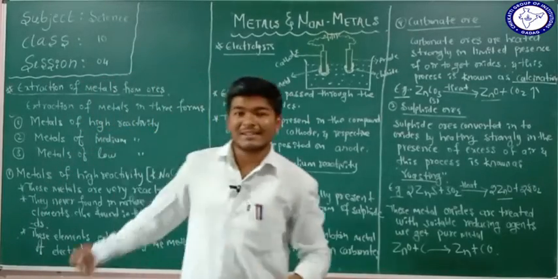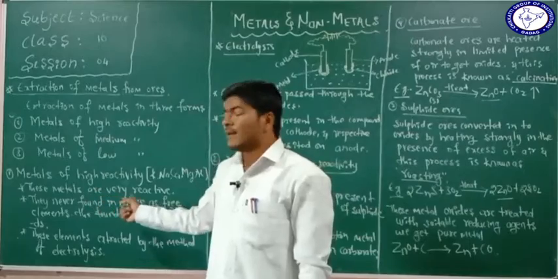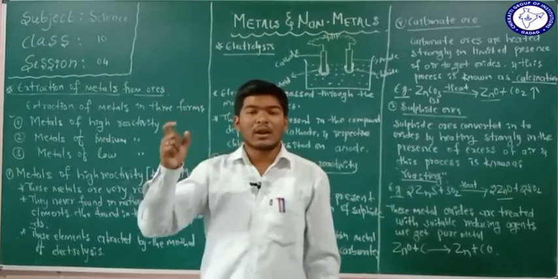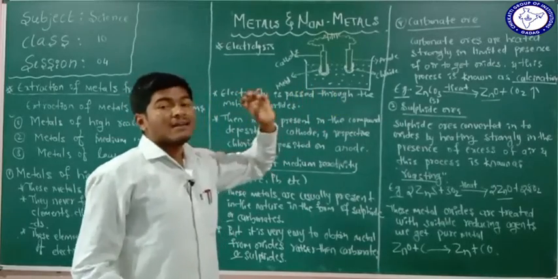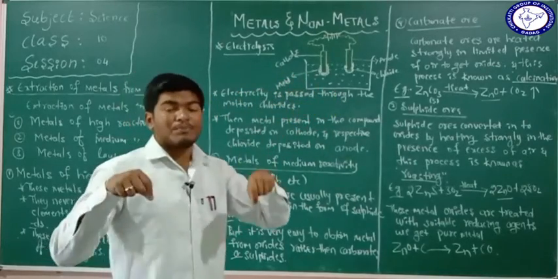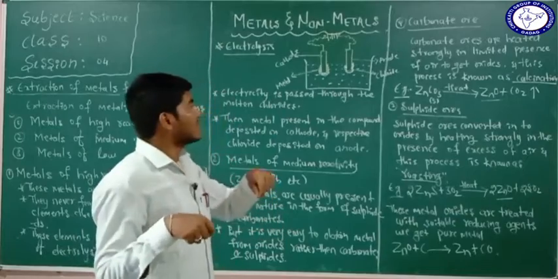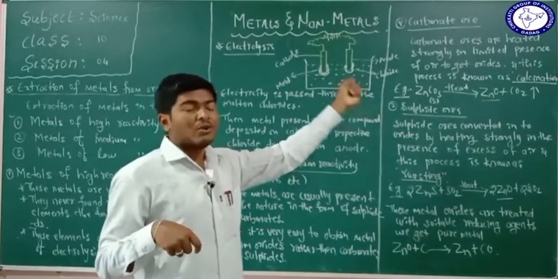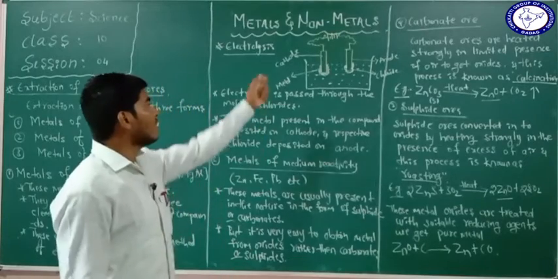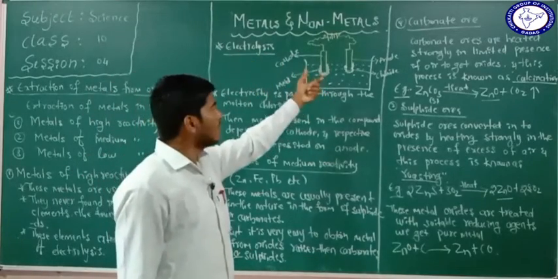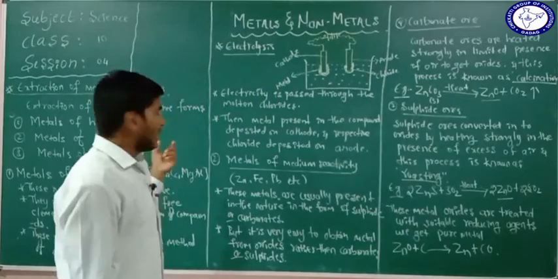We take these elements as their molten chlorides, and that molten chloride is taken into a tumbler, and in this tumbler we place two rods, that is, the cathode and the anode. Through this we pass the electricity. What happens here when we pass the electricity through the molten chloride?